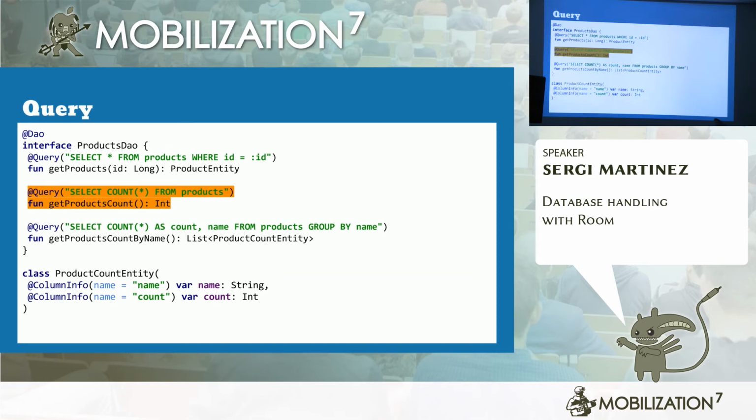So we can create an entity that is not really an entity, it's just a temporary holder, specifying only the column infos. We don't need to specify the table, because if we specify the table, it will create the table. So we say there is the name, there is the count, so our query will return a list of product count entities.